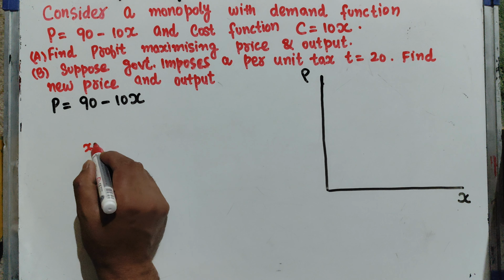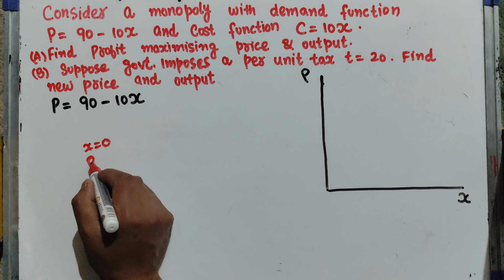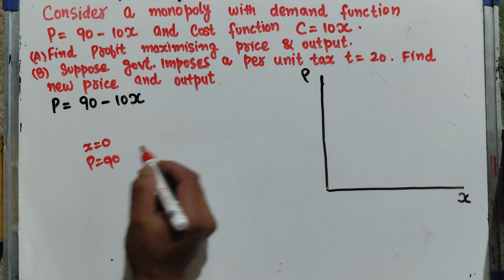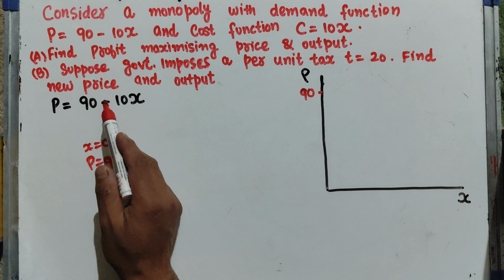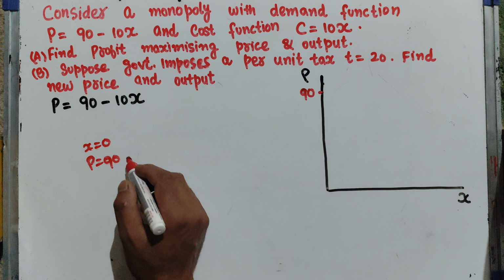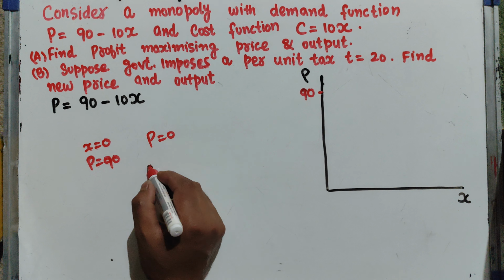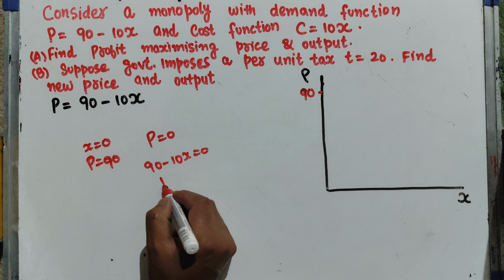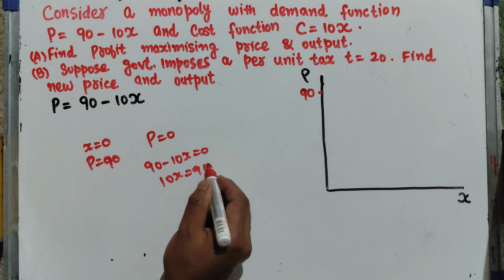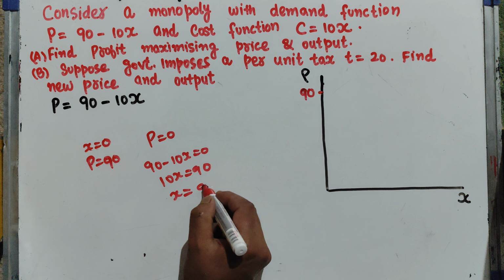So we have 90 here. And when P is equal to 0 in this equation, 90 minus 10x is equal to 0, or 10x is equal to 90, or x is equal to 9.